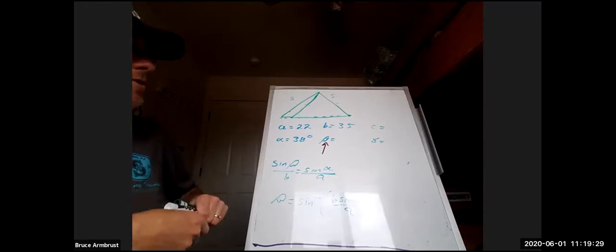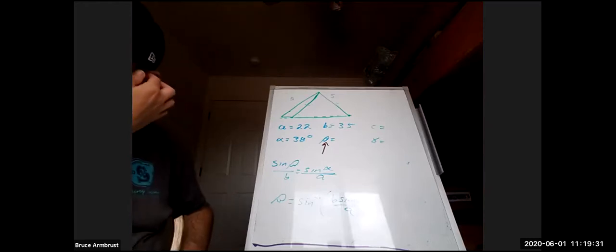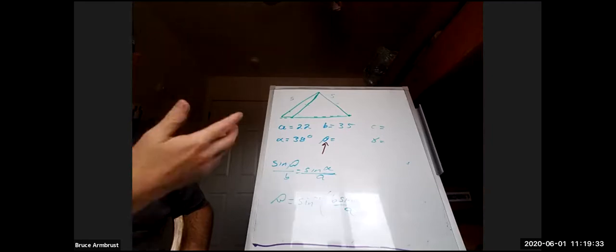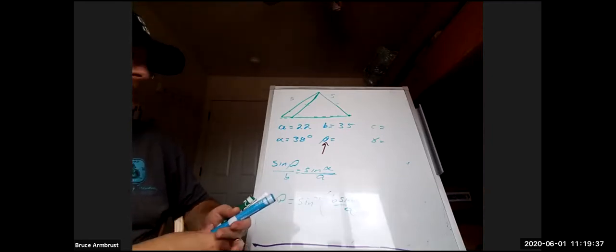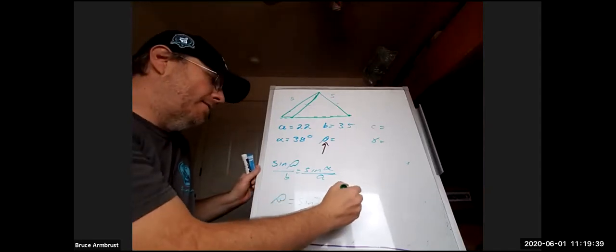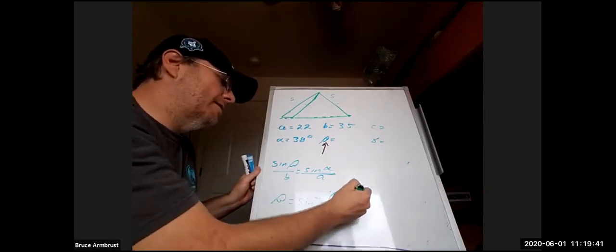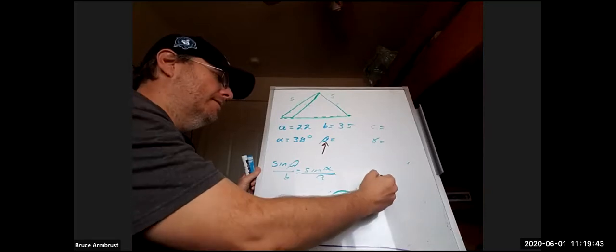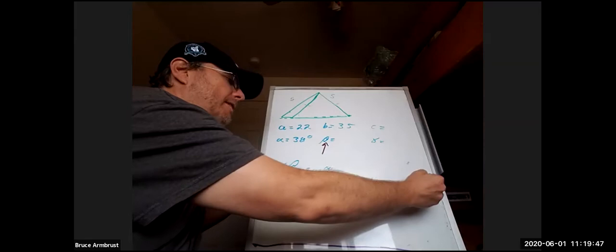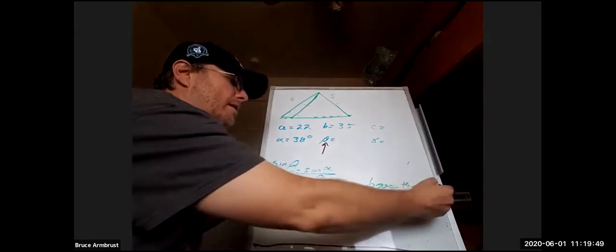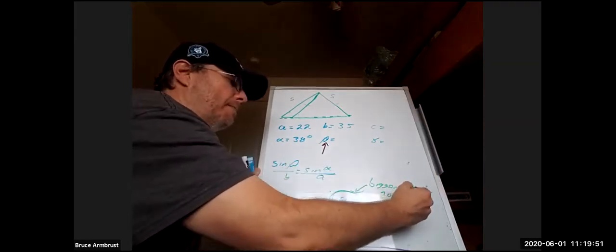But now here's why we can run into two solutions, one solution, or no solutions. The no solutions case is when this number right here is bigger than 1. If this is bigger than 1, then there's no solution.